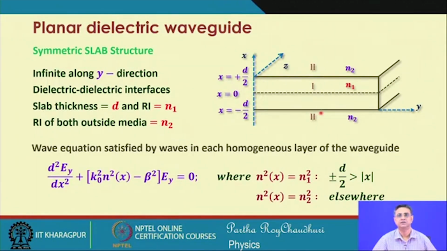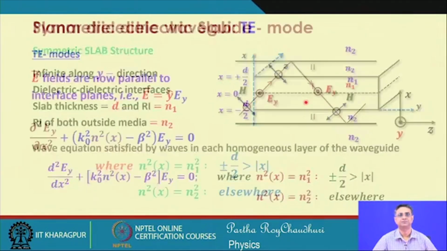For region 1, that is within this layer, which we will call the core, and the other two layers surrounding the core, which will be called the cladding, which is the conventional nomenclature, n square of x, the refractive index, varies along this direction, and is constant, equal to n1 square, as long as the modulus of x is less than d by 2. Otherwise, everywhere it is equal to n2 square. So, the cladding refractive index is n2, whereas the core refractive index is n1.